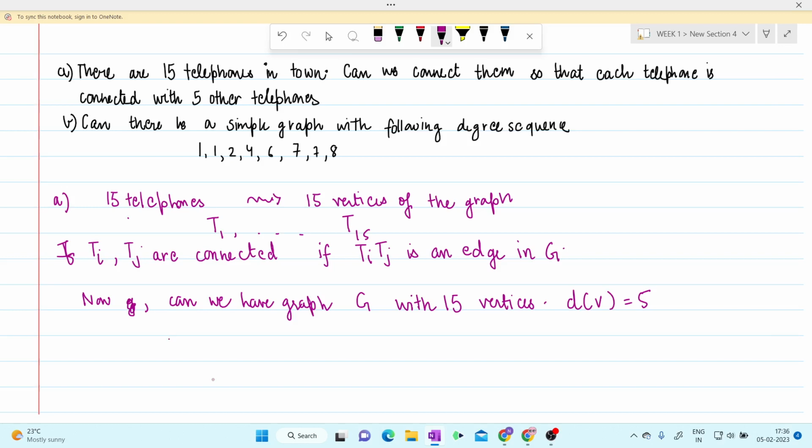Yes, good. So the sum of all degrees will be 15 times 5, which is 75, which is odd. And we know that the sum should be even. So this can't happen. Or the other way to say it, like we used in the previous problem, the number of odd vertices in graph G should be even.